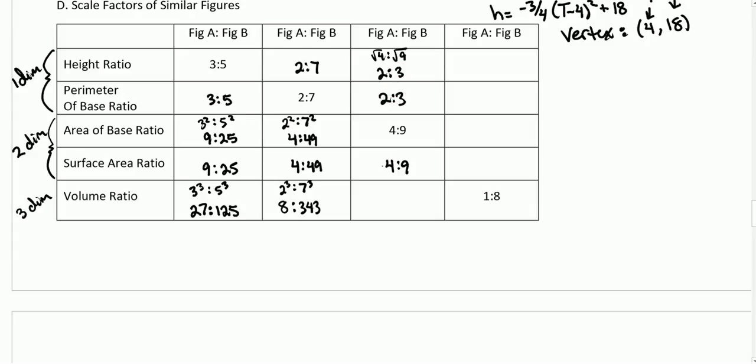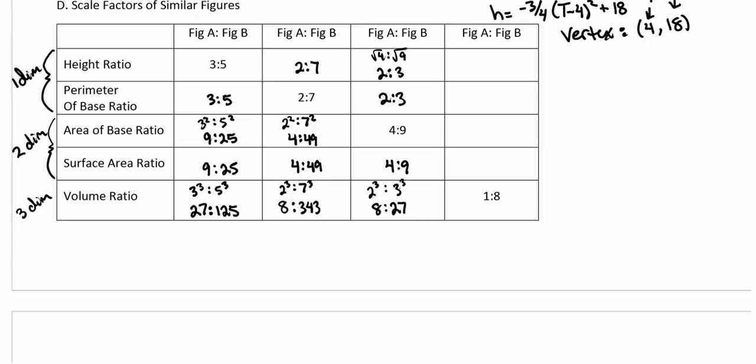And to find the volume ratio, you cube the one-dimensional ratio. So 2 cubed to 3 cubed, which is 8 to 27. In order to go from two-dimensional to three-dimensional, we need that one-dimensional step. So you go back to one-dimensional and then move forward to three dimensions.